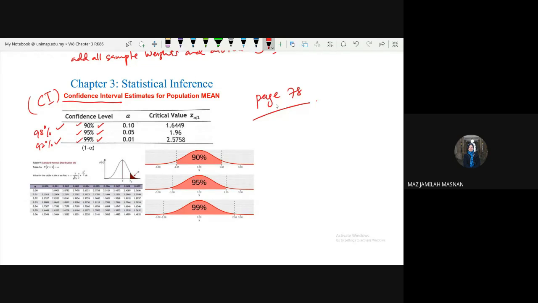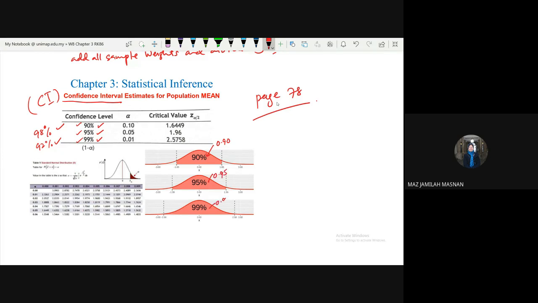Okay, your alpha. For example, if you are talking about 90%, if you relate to your probability under the shaded area of your normal probability distribution, this is 0.90, the probability value. This one is 0.95.